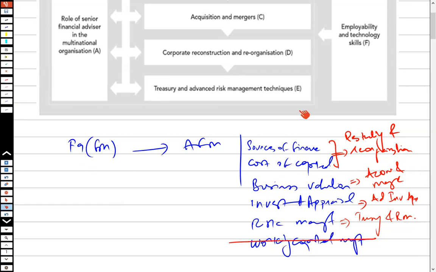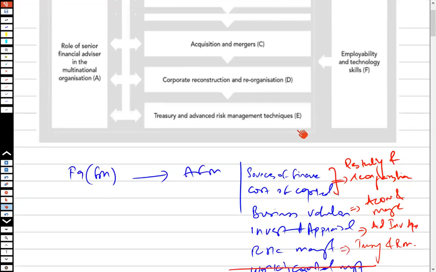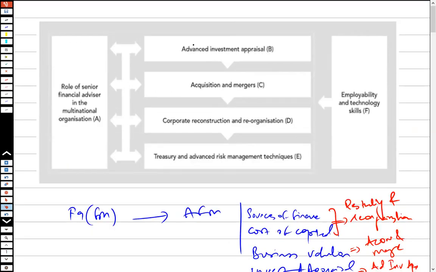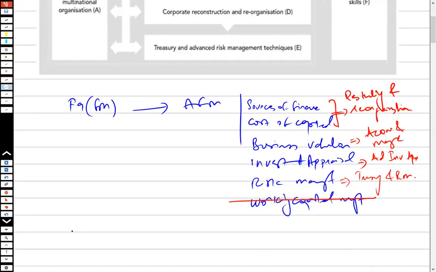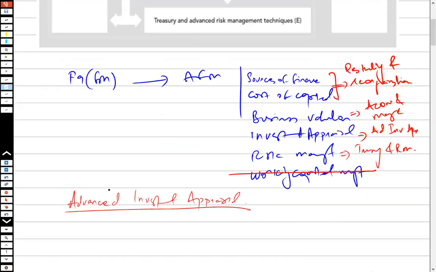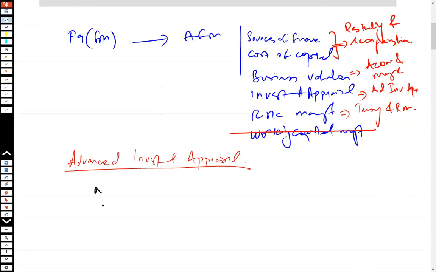Now, if I talk about the advanced investment appraisal, one topic at a time. The advanced investment appraisal builds on the concepts of NPV, IRR, payback and discounted payback that we usually study at the F9 level.